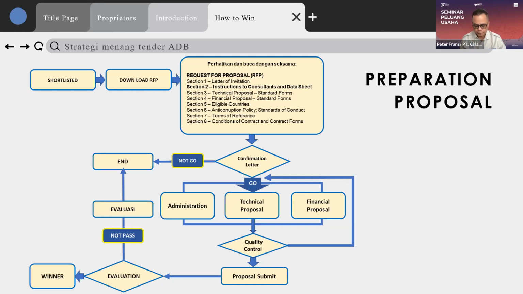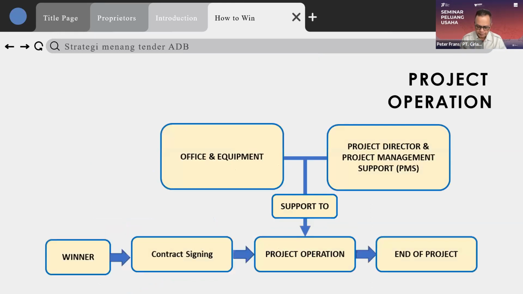Dan sesudah itu, dalam pelaksanaan di Ciri Jasa, kami membuat seorang project management support yang akan mensupport proyek ini, yang merupakan perpanjangan tangan dari direksi untuk mengontrol proyek-proyek yang sudah kami menangkan sebelum kontrak, sehingga proyek itu dalam pelaksanaannya sampai selesai bisa tercapai dengan bagus.